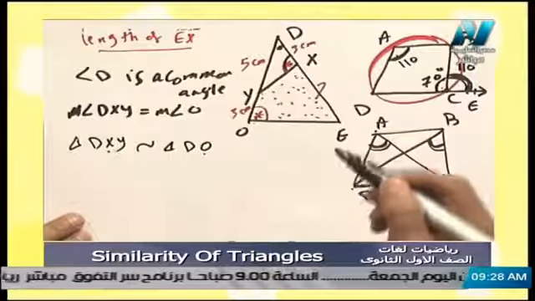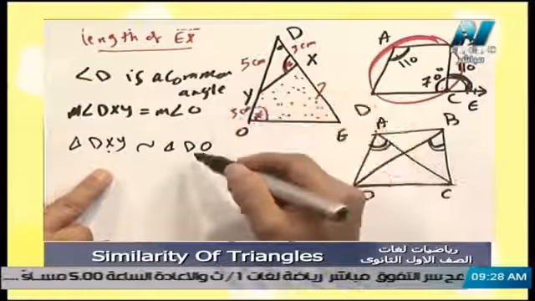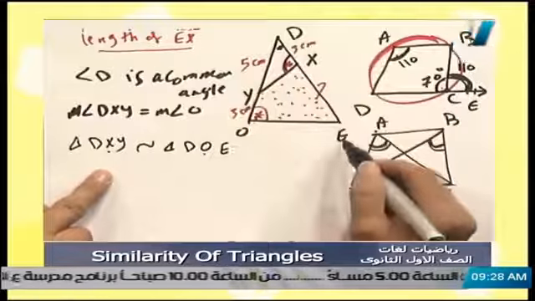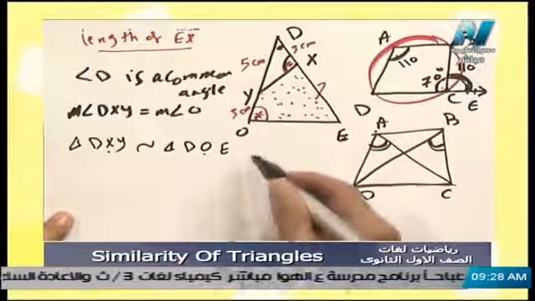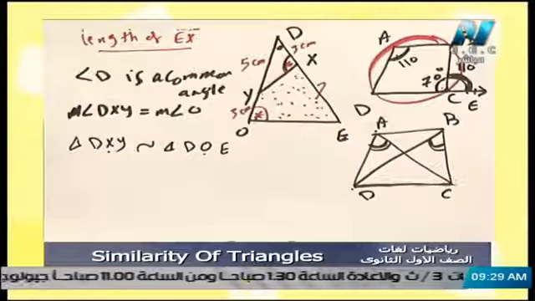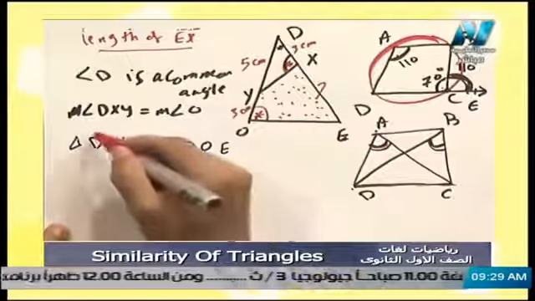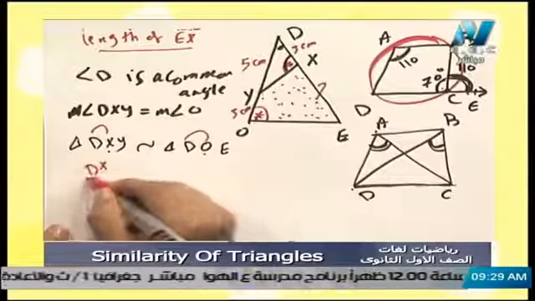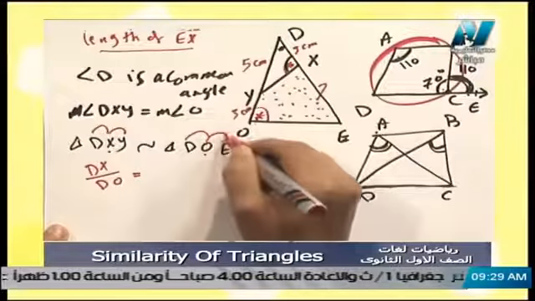And we have here E. So the triangles are similar, and now we can write the ratio. From similarity of two triangles, we can say that DX over DO equals XY over OE.